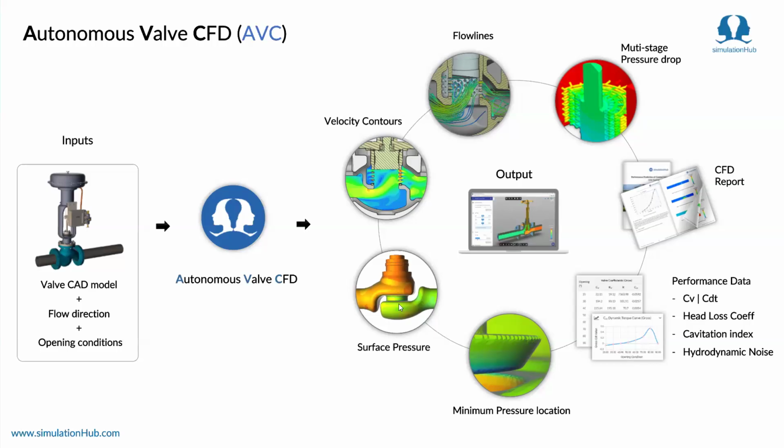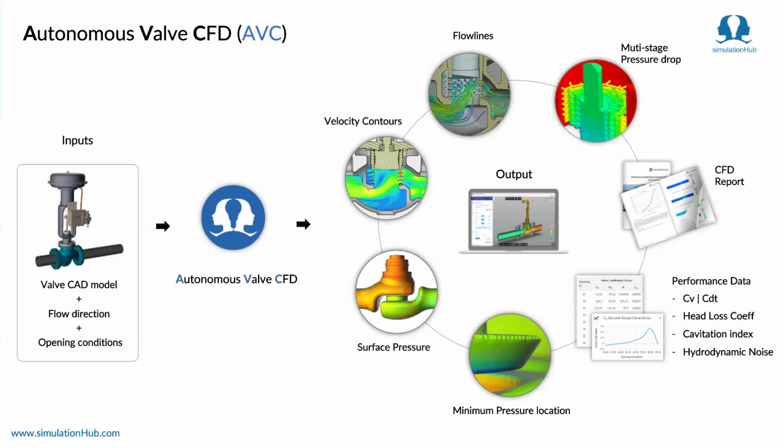You can have visualization of surface pressure, so where there are zones of high or low pressure concentration, and the minimum pressure location. This again is very important because this deals with the phenomenon of cavitation. So having insight into where this minimum pressure location is actually taking place becomes very important.